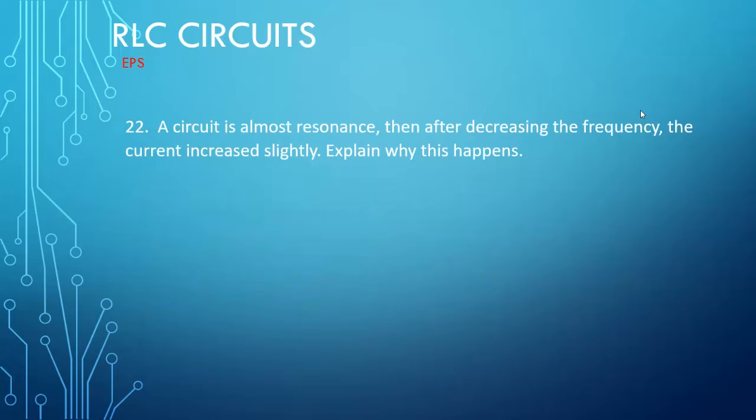A circuit is almost at resonance. Then after decreasing the frequency, the current increased slightly. Explain why this happens.